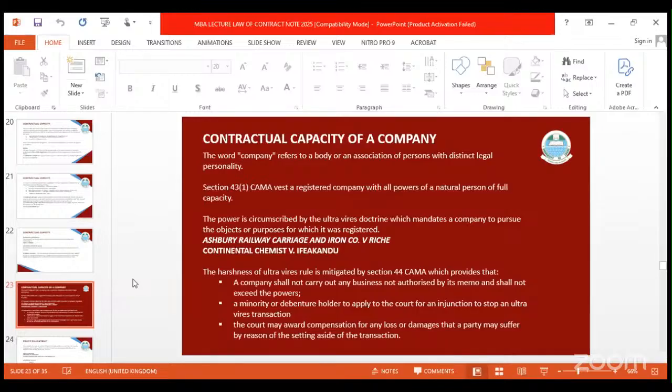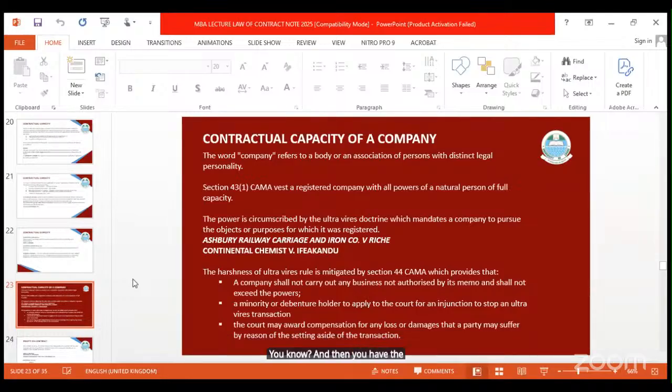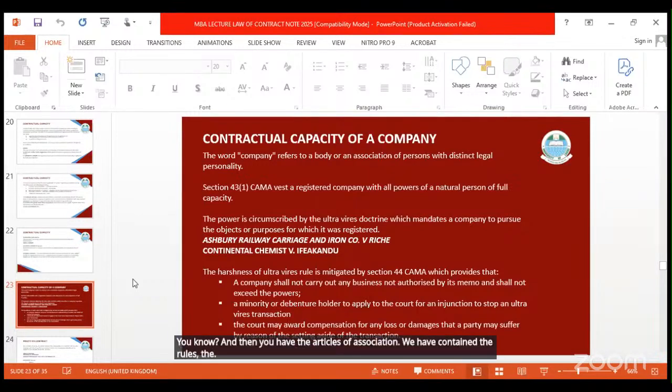Have you ever asked? There are two major documents that a company will keep: the memorandum, which defines the rules of dealing between the company and outsiders, and then you have the articles of association, which contain the internal rules of the company.